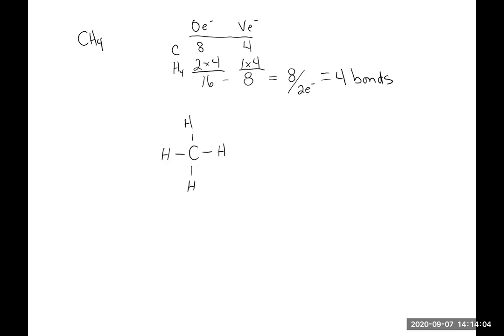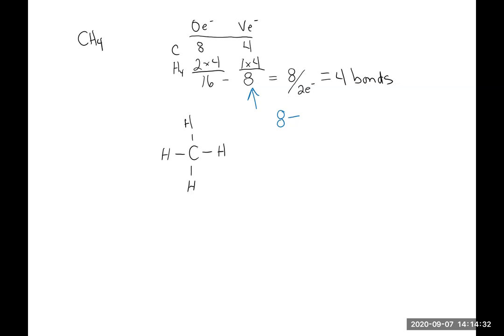Now we're going to take our total valence, and our total valence is given here by this 8. Okay, so we have 8 minus those electrons that we've used for bonds.